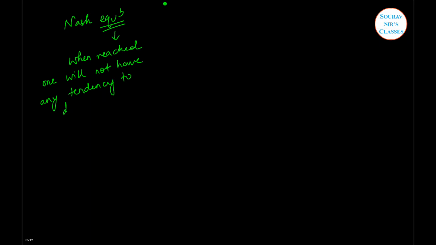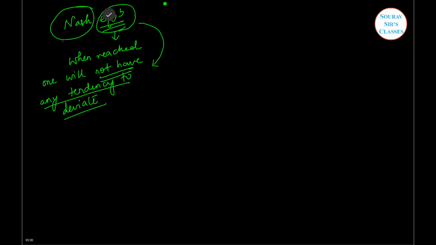We know this. A point is said to be in equilibrium when it is reached and the person reaching that point will not have any tendency to deviate. And why is Nash written in front of equilibrium? Because this concept was first put forward by Professor John Nash. Okay.